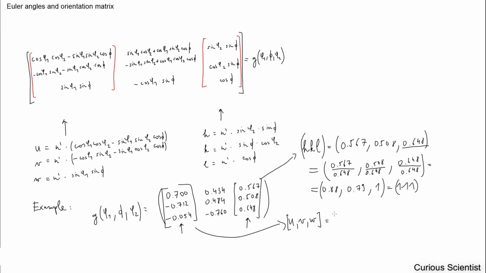The first number is 0.7 divided by 0.7, and then minus 0.712 divided by 0.7, and then minus 0.054 divided by 0.7. So we have this, and we don't bother with the exact numbers.